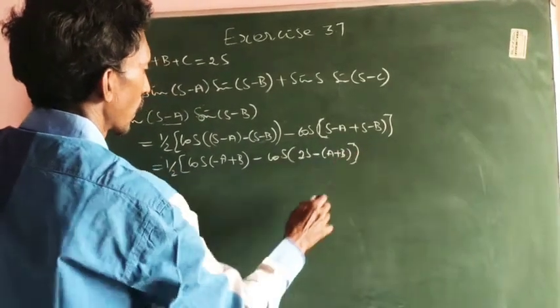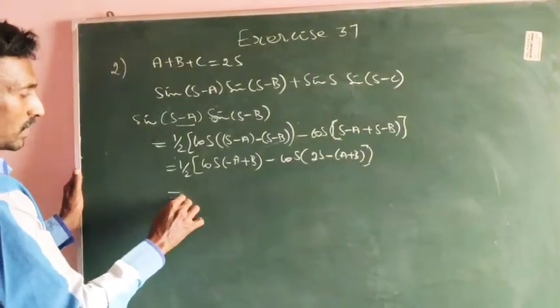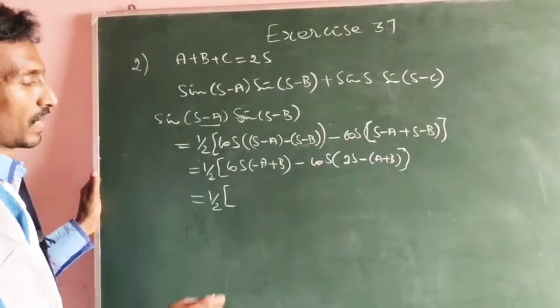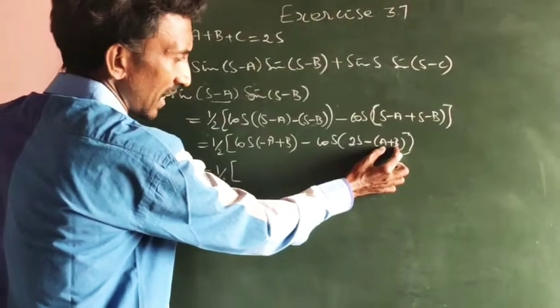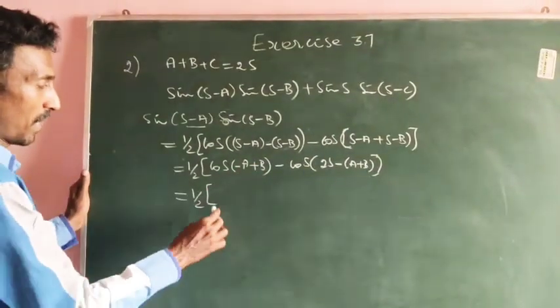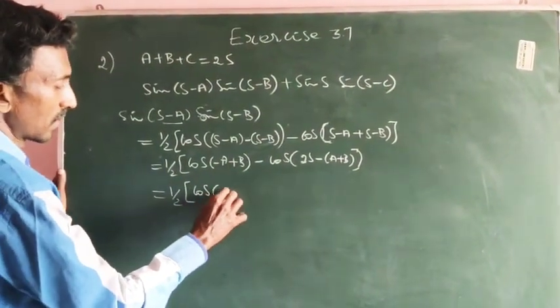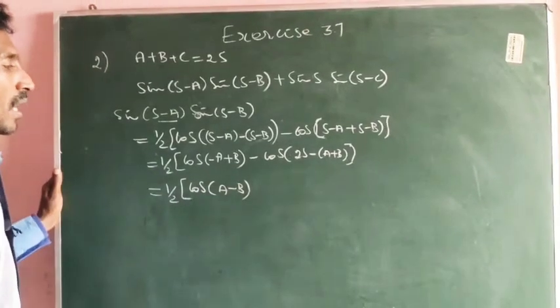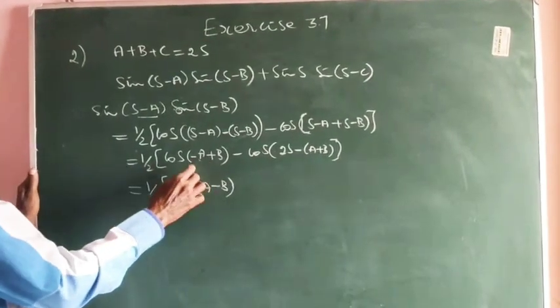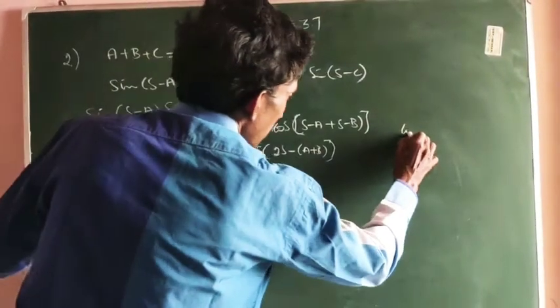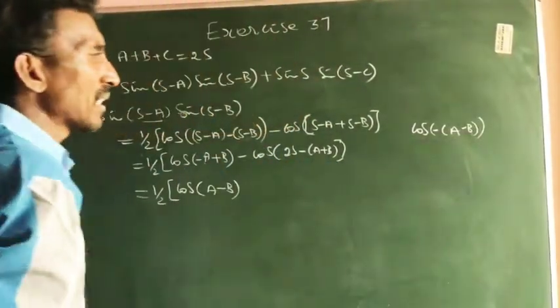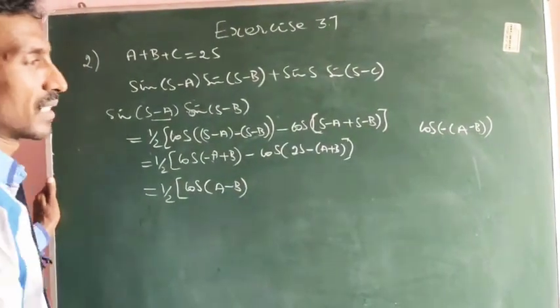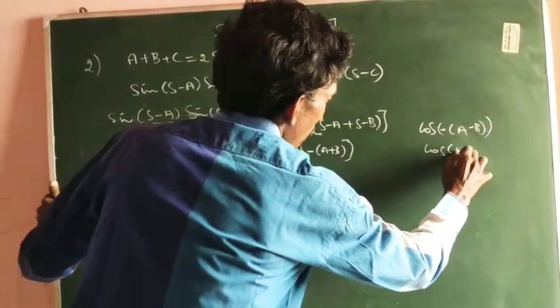Listen, my dear student. The form is either a minus b or a plus b. Here we are getting the structure a plus b, but we need a minus b, so we can write it as a minus b. The reason is, if we take the negative outside, we get cos of (minus a minus b), and cos of minus theta is plus cos theta, so it is cos(a minus b).